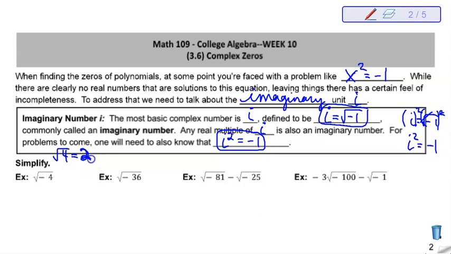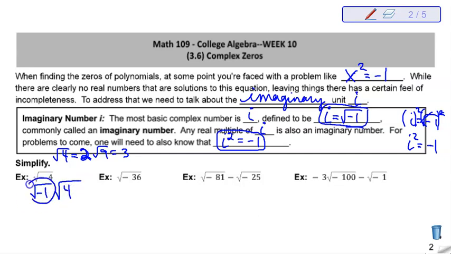2 times 2 gives me 4. The square root of 9 is 3, because 3 times 3 gives me 9. But again, there's no number that I multiply by itself to give me a -4. So this is where using the square root of -1 is important. I'm going to break this into 2 factors. For -4, hopefully you agree that -1 times 4 is -4.